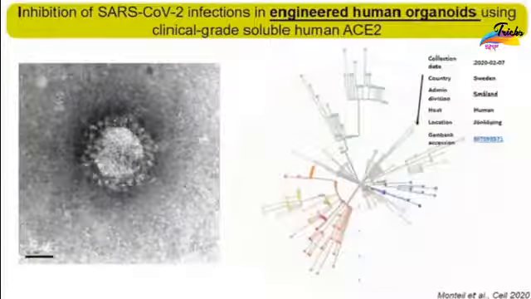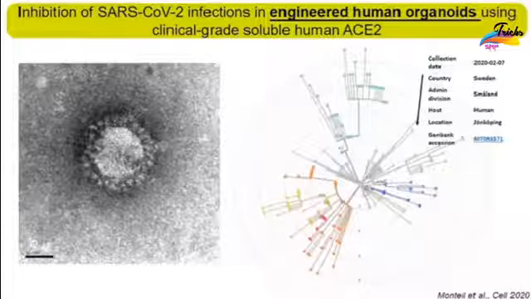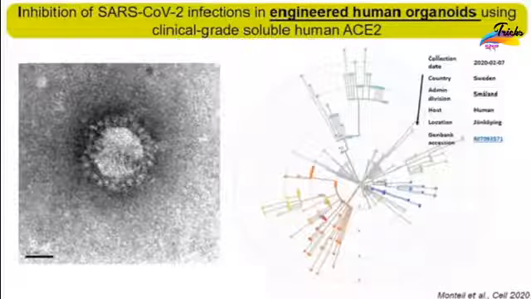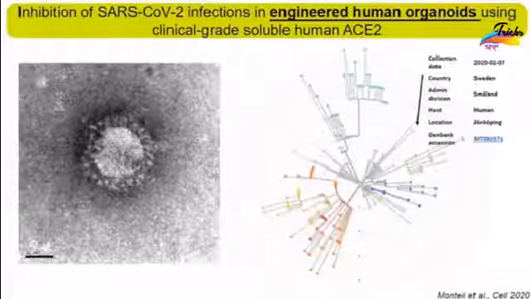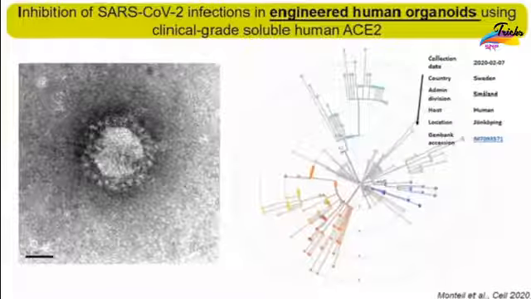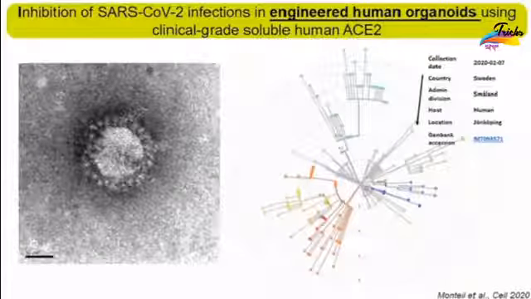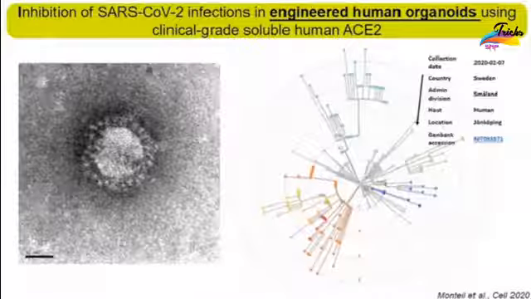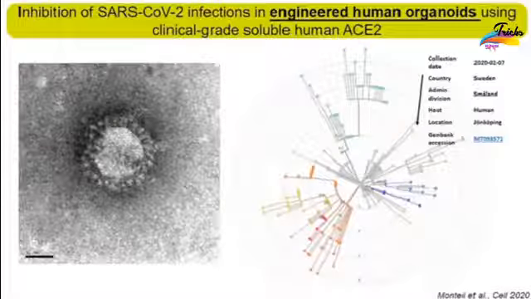As I was mentioning to you, this work was a collaboration, and my group participated in the derivation of kidney organoids to be further infected by the group at Karolinska Institute.